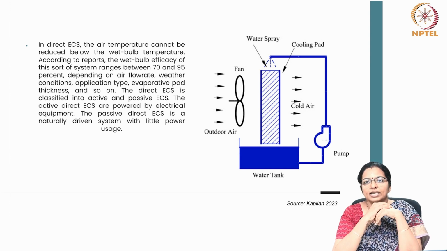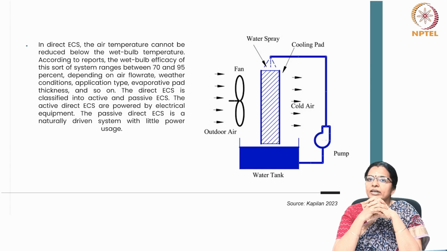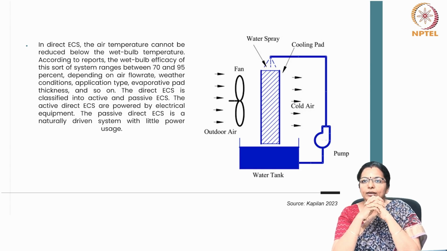According to certain studies, the wet bulb efficacy of this kind of system ranges between 70 to 95%, depending on airflow rate, weather conditions, application type, evaporative pad thickness, and some other factors.